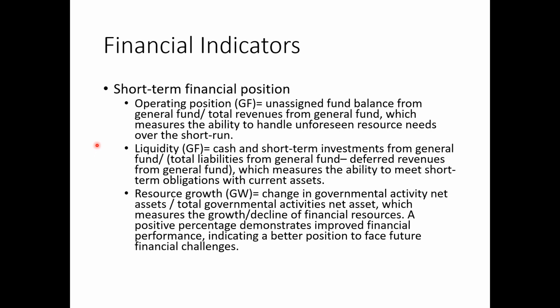Then we look at short-term financial position ratios, starting with operating position. Again, this can be calculated with a governmental fund. Operating position equals unassigned fund balance from the general fund divided by total revenues from the general fund.